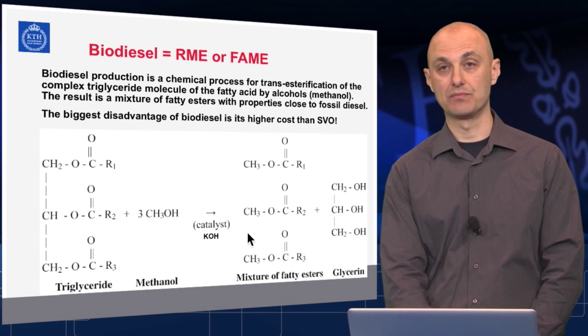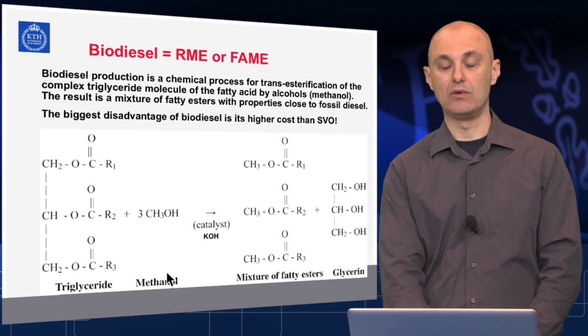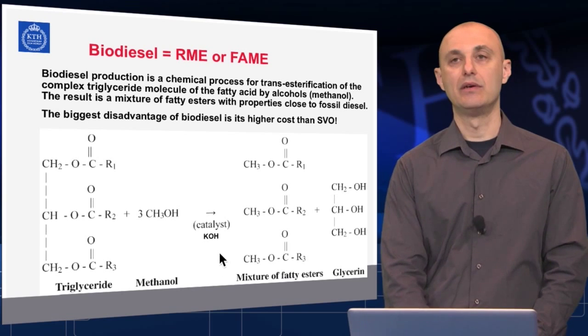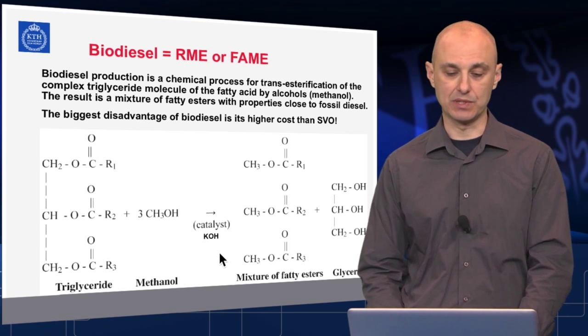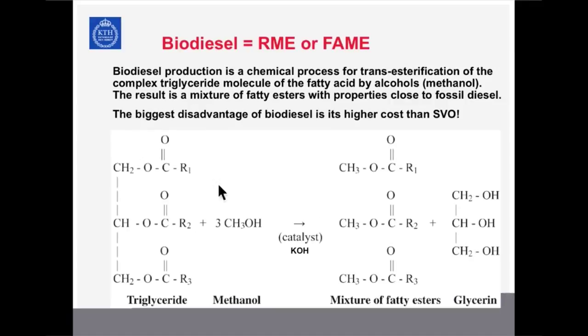Alkaline solutions are the most practical catalyst for the transesterification process. What the alcohol does is to break the complex carbon chains into separate esters produced from the fatty acids, the so-called fatty esters, and a glycerin molecule, the typical glycerin molecule, as a residue product.